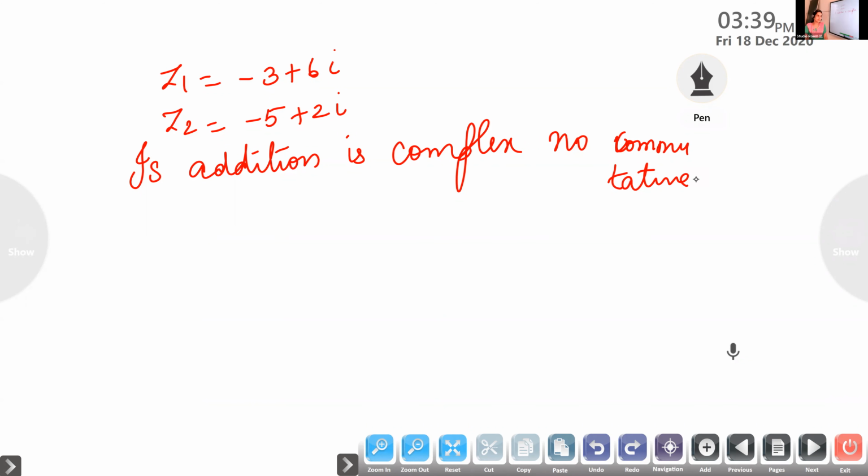When will you say addition is commutative? When A plus B is equal to B plus A. Yes, very good, Gayatri. That is, you find Z1 plus Z2, you find Z2 plus Z1. Is it the same? If they are the same, then we can say it is commutative. Do it and check.